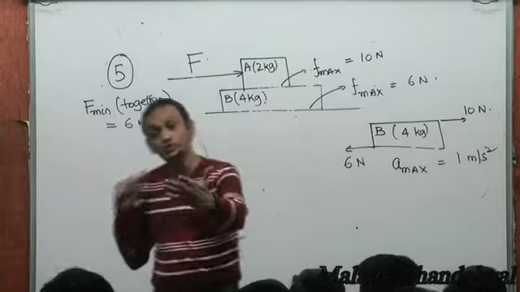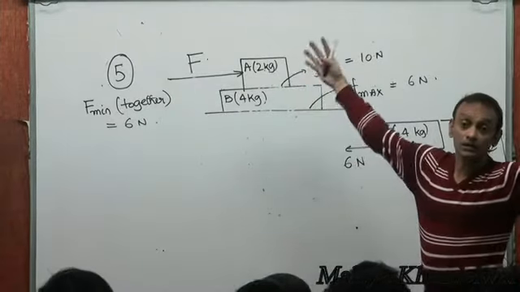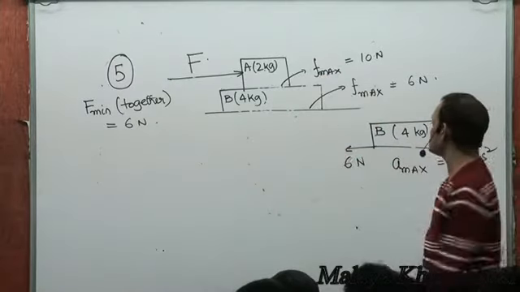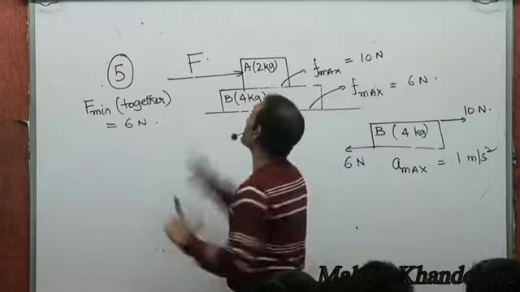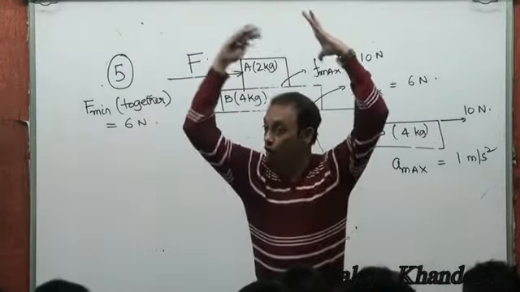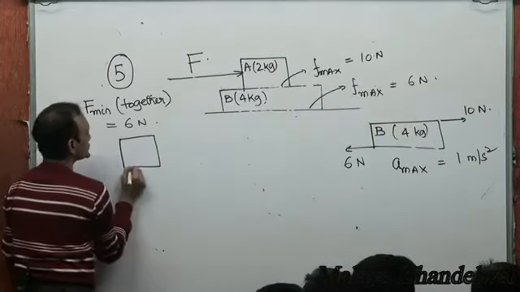This then will also be the maximum common acceleration of the two blocks, yes or no, right? Now let's obtain the value of F so that the two blocks have a maximum common acceleration.